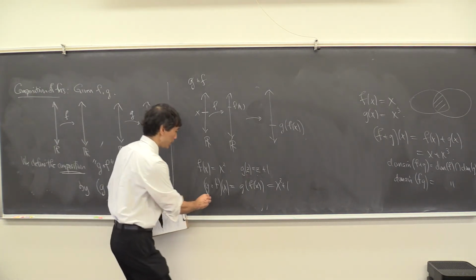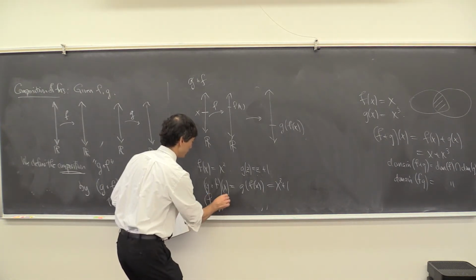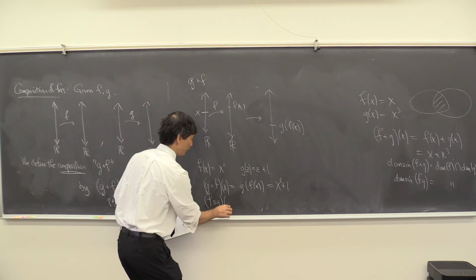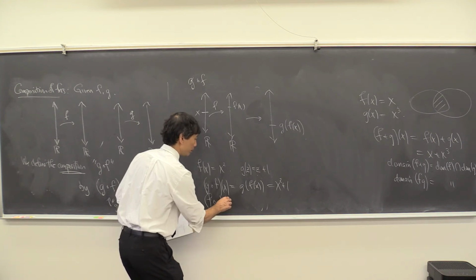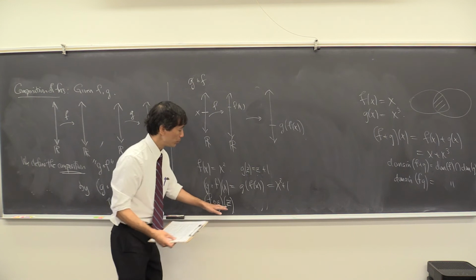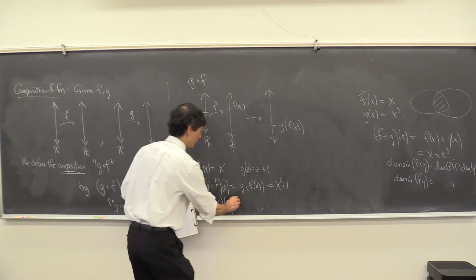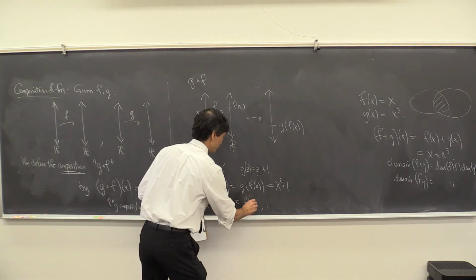Okay. What if we had done it in the opposite direction? f of g of, I'll call it z, because we need to take f of g of z.